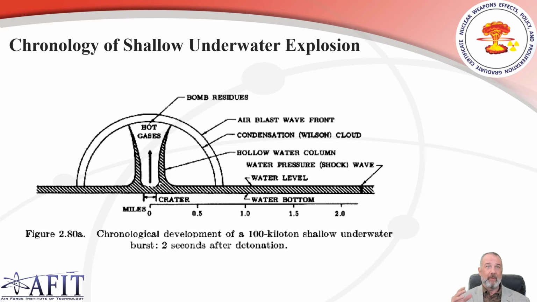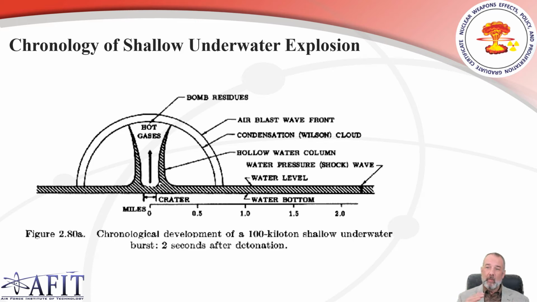This picks up after that big hot bubble of gas and plasma, depending again on how deep it is, has already breached the surface of the water and pulled a giant column of water with it. So we end up with basically a hollow tube whose walls are constructed of just water.